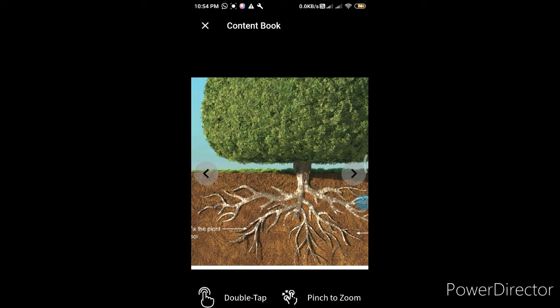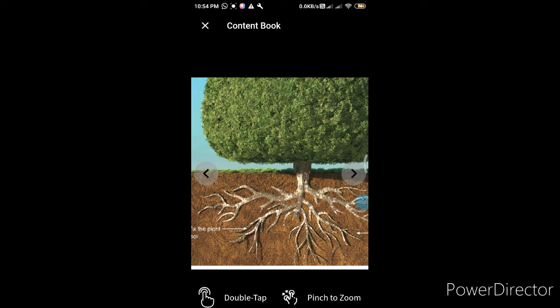Roots grow in the soil. We cannot see them above the ground, right? They are under the ground and they are fixing the plant in the soil. They are absorbing water and nutrients and passing them to the different parts of the plant. Understood? Absorbing means taking inside.